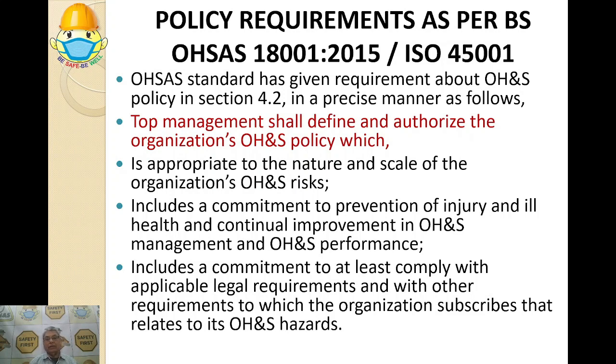Now, it includes a commitment to at least comply with the applicable legal requirements and with other requirements to which the organization subscribes that relates to its OH and S hazards. So, again a legal compliance. So, they commit that whatever the applicable legal requirements are there, that means try to understand that there is a Factory Act, there are n number of sections in the Factory Act. Now, every industry does not attract all the sections.